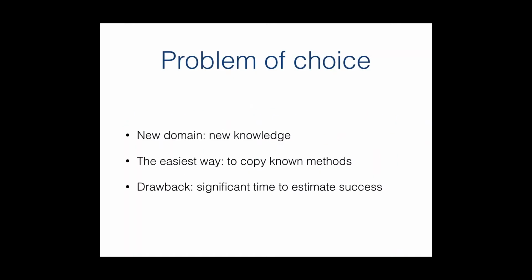The key problem of choosing an appropriate trading technique is a common problem of choosing anything in a new domain. When we start getting acquainted with anything new, be it a new skill, a new language, or even a new country or a new city, we need to adapt to this new environment, and therefore we need to pick the right behavior in it.